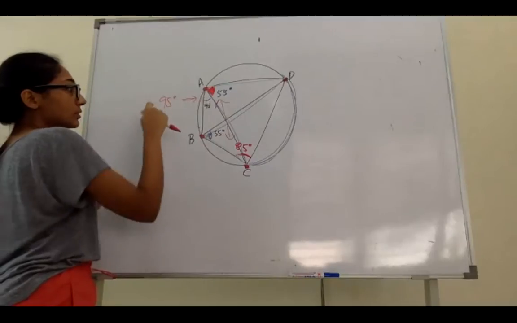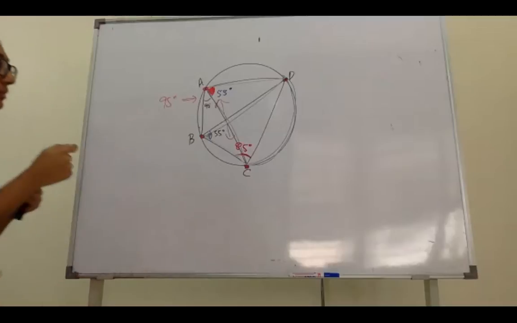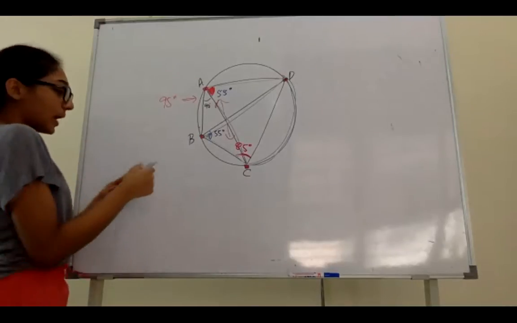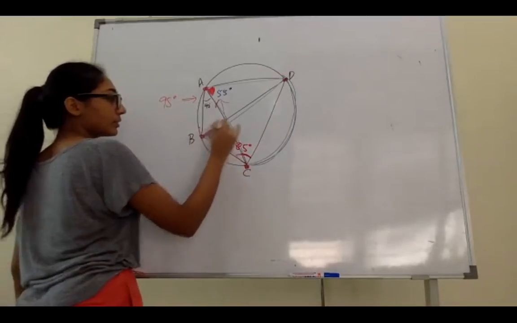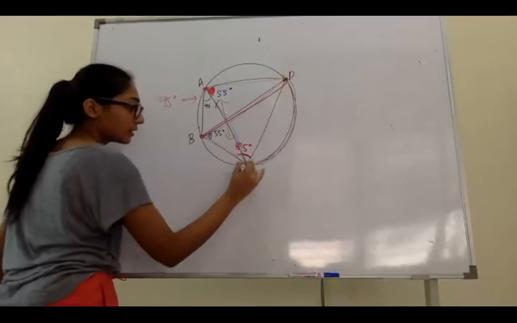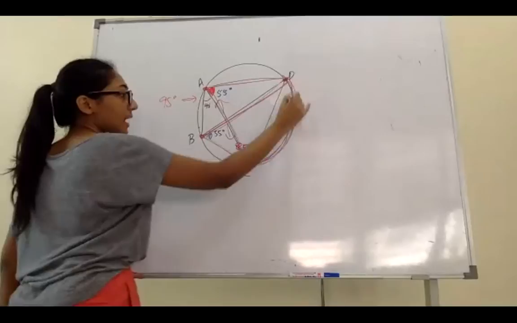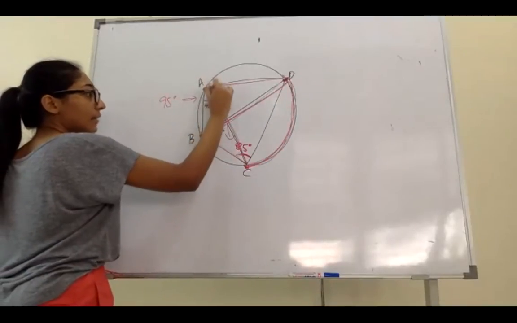Sir, can you repeat why DAC is 55 degrees? Because of the bow tie rule. This one and this one share the same arc, and both are at the circumference, so they have the same angle.